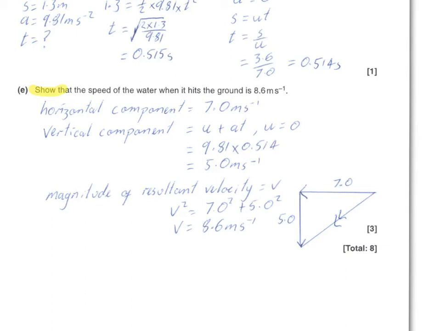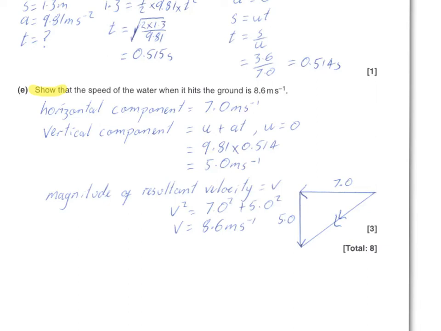So the first thing we've got to do is say, well, we know the horizontal component, it's not changing, it's 7 meters per second. The vertical component, this is v equals u plus at, with u equals 0, so it's simply the vertical acceleration multiplied by the time, 0.514, it's 5 meters per second.